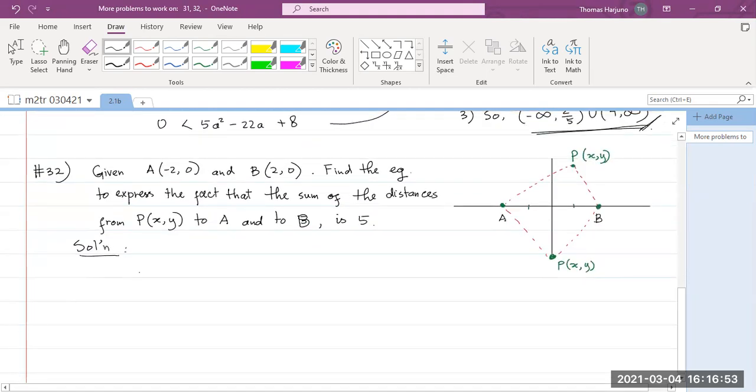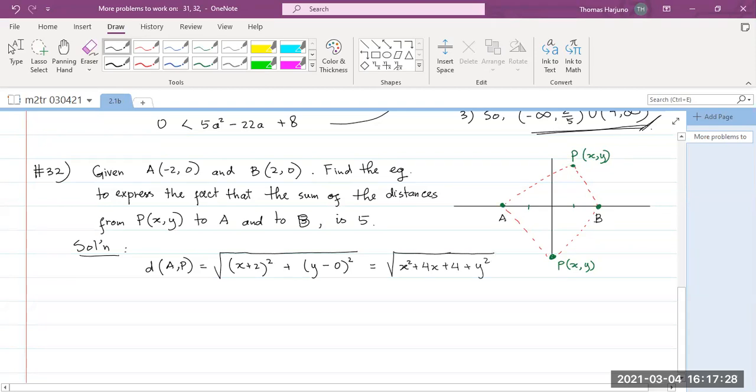Distance from A to P will be square root of x plus 2 squared plus y minus 0 squared, which simplifies to square root of x squared plus 4x plus 4 plus y squared.